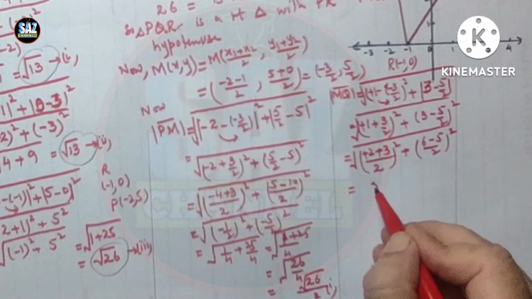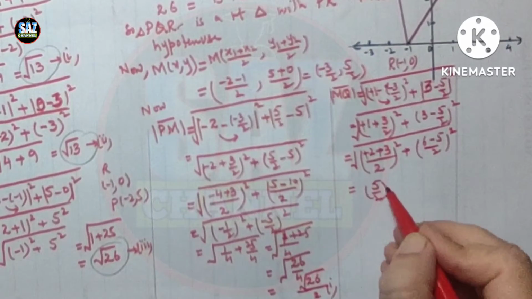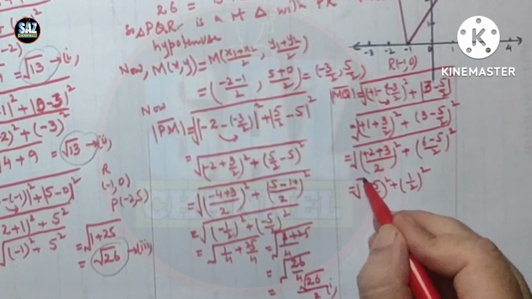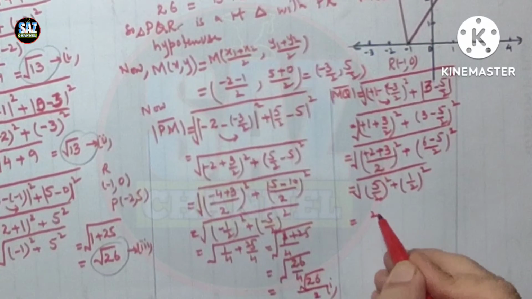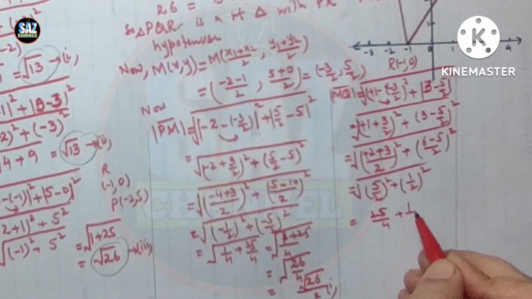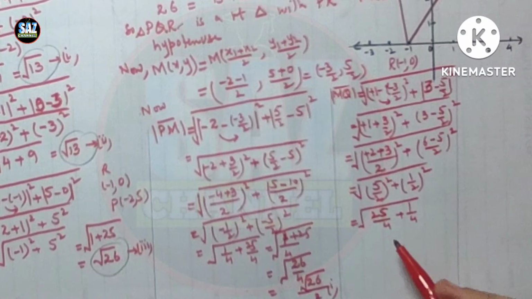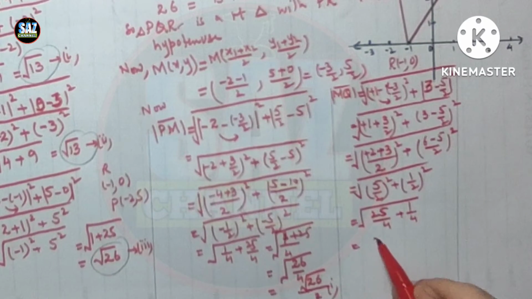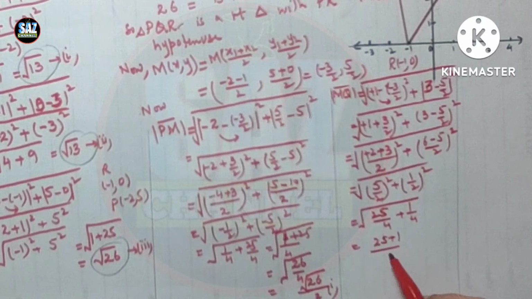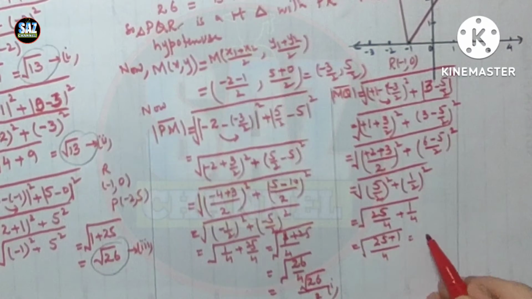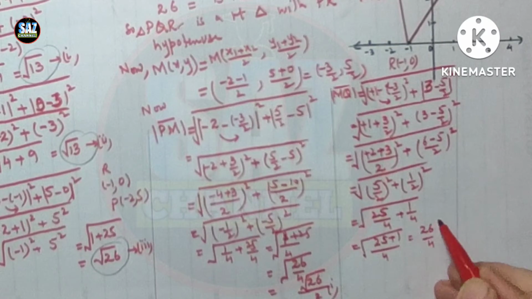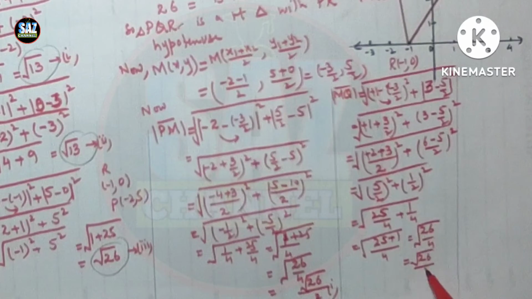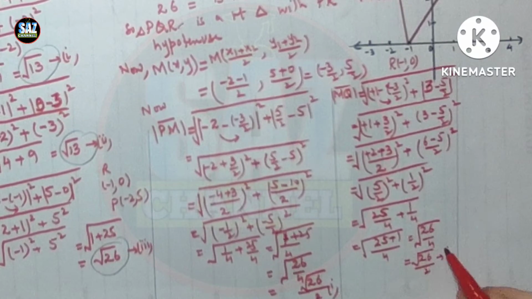This will become 5 by 2 whole square plus 1 by 2 whole square under the root. 5 square is 25 by 4 plus 1 by 4. 25 plus 1 by 4 is equal to 26 by 4. Either I can leave my working at this stage, or I have to write it in the same way like I've written the first part.